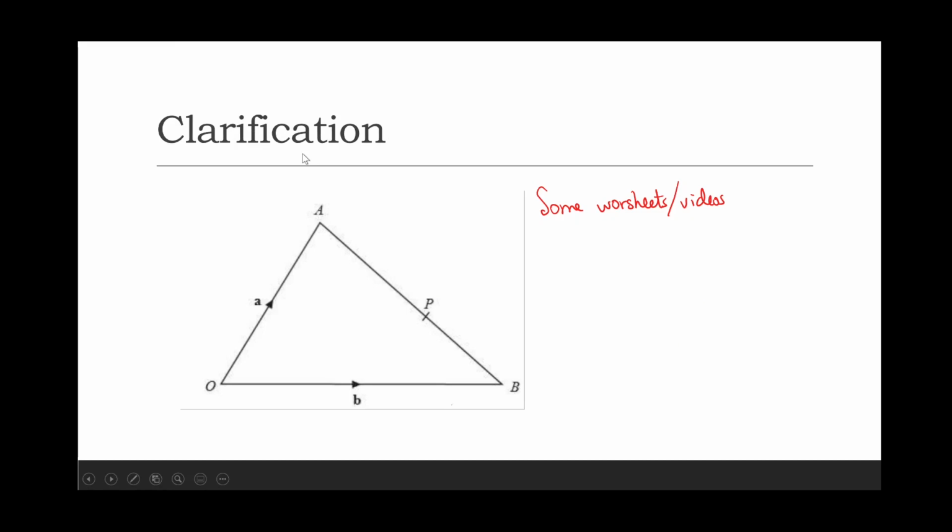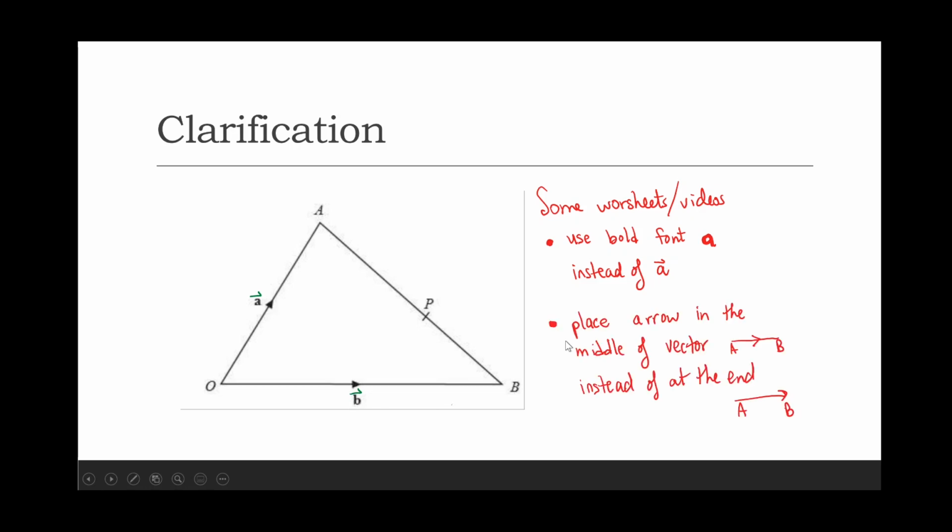And a couple of clarifications. Some videos and worksheets will use the following, and I just want to clarify or make adjustments that I think would have been better. They would use bold font on a vector. So you can notice how it's kind of darker here, AB here, instead of putting A with a vector symbol over top. I would prefer that you just use vector symbols.